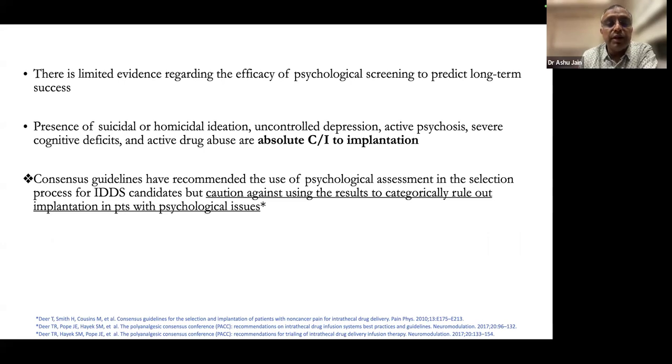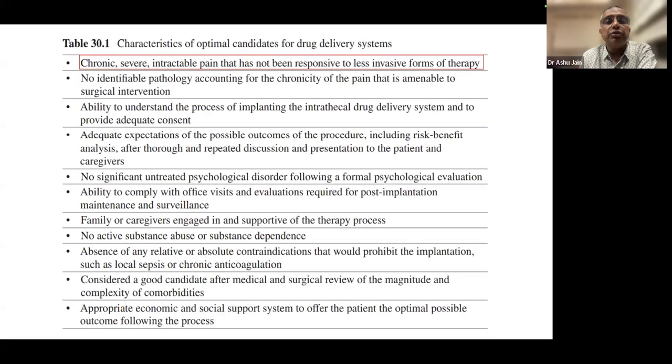Similarly, with drug abuse, if the patient is on drug abuse, you can't implant an intrathecal device. So this is an absolute contraindication for implanting a pump. So you should be very careful about infection.